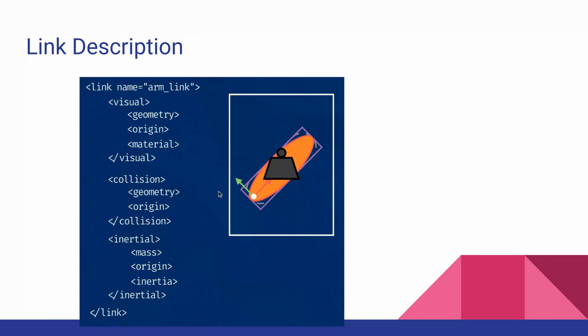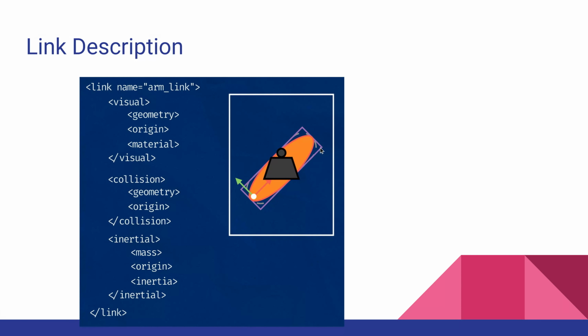Then we have collision properties, which include things like the boundary of its collision. Suppose the shape of the link looks like this orange ellipse. However, I'm allowed to have different geometries for collision.